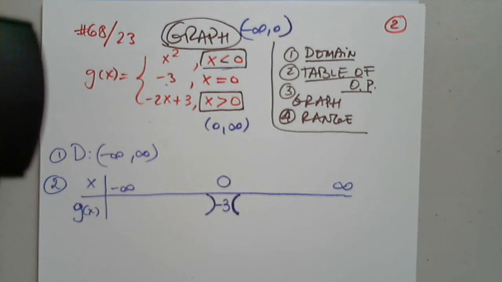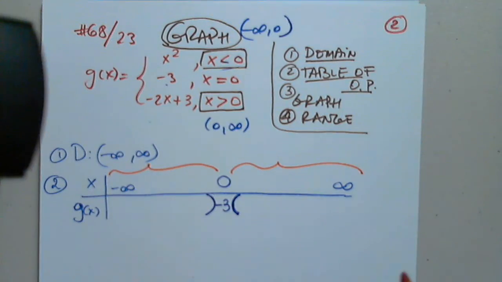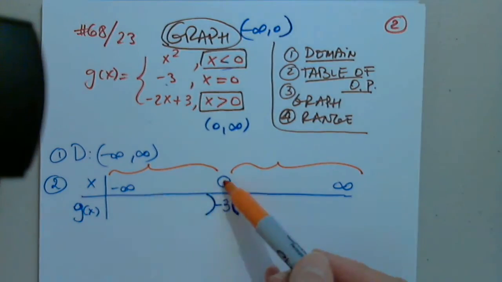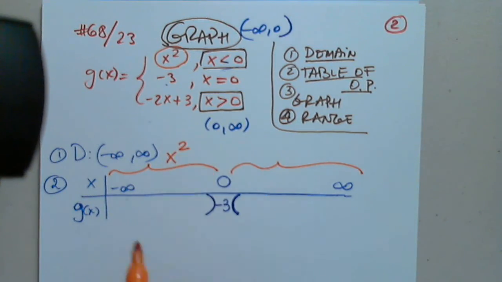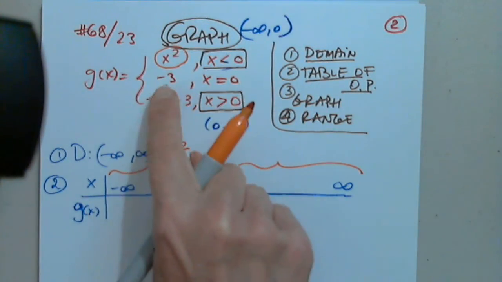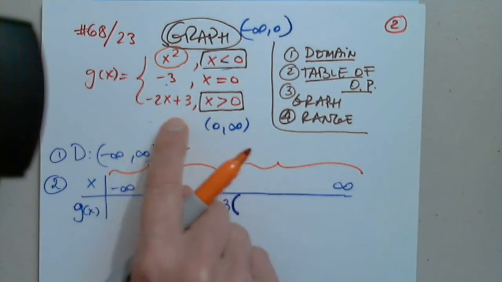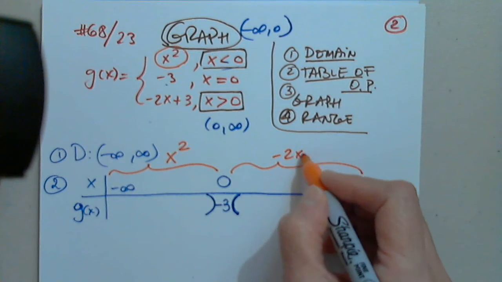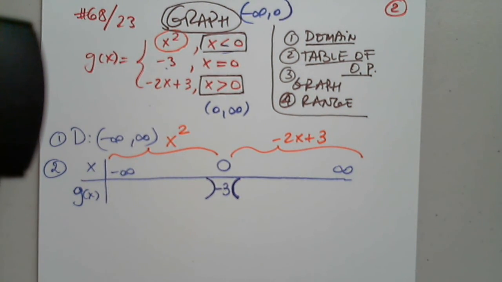Now, on the table of ordered pairs, to the left of 0, I have to use this function. At 0, the y value is negative 3. And to the right-hand side of 0, I have to use this function. Is everyone okay so far?